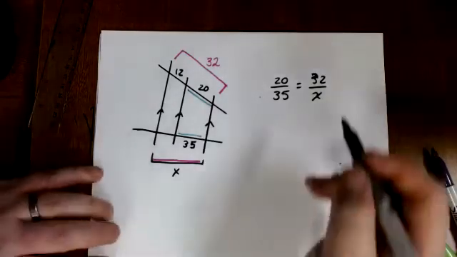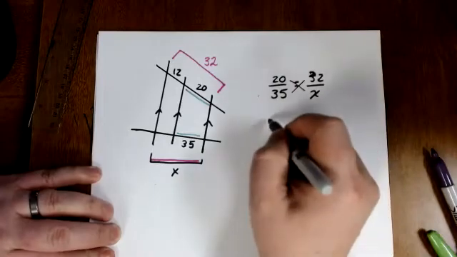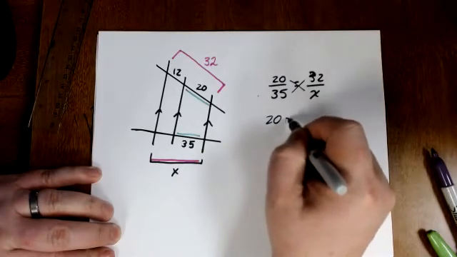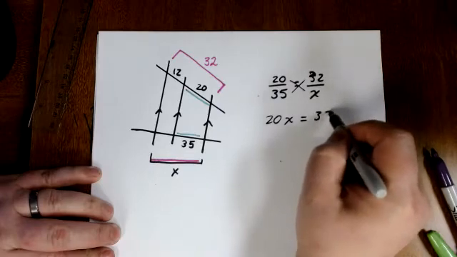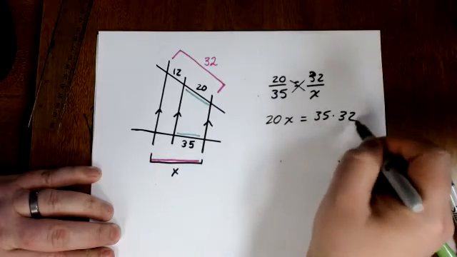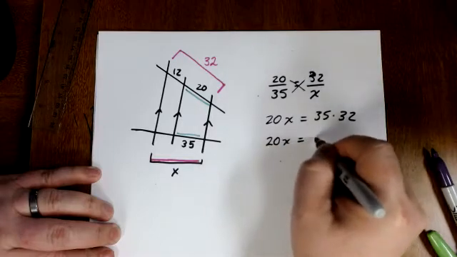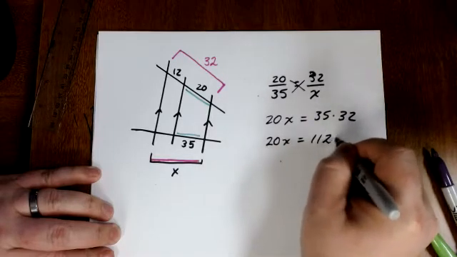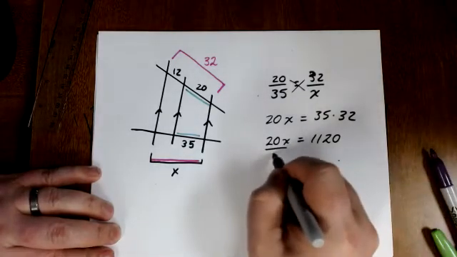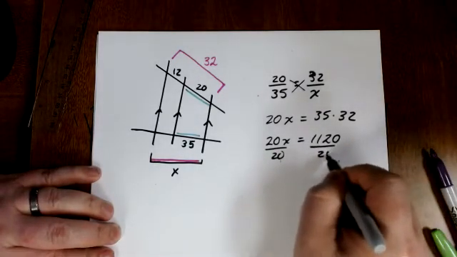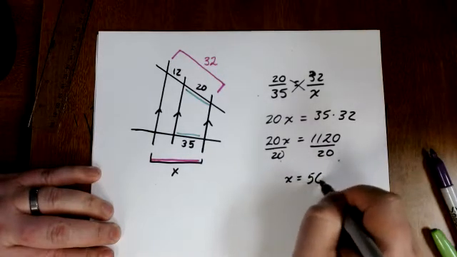Okay, so let's cross multiply. 20 times x is 20x, and 35 times 32 is 1,120. And now divide both sides by 20. x is 56.